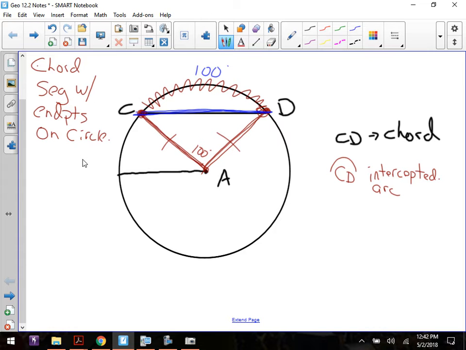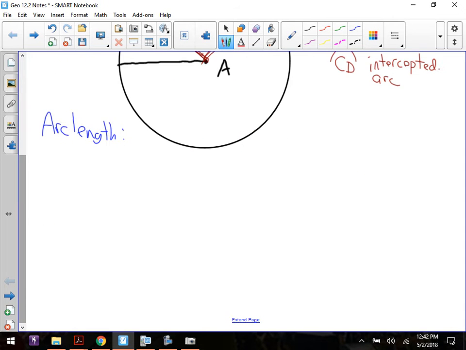Arc length is another thing that shows up, and again, it's on your formula sheet. But it's one of those things that you tend not to fill out correctly: angle over 360 times 2 pi r. The central angle is the angle at the center of the circle, and the sides of that central angle are always the radius.